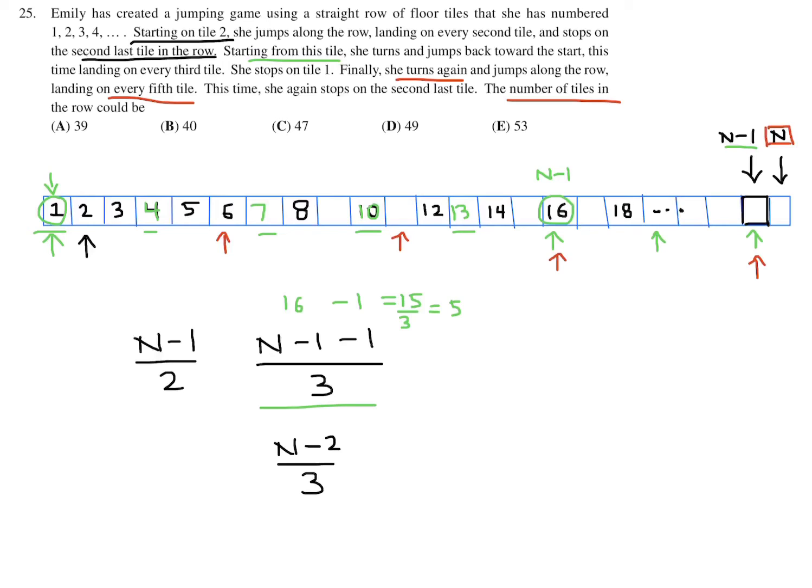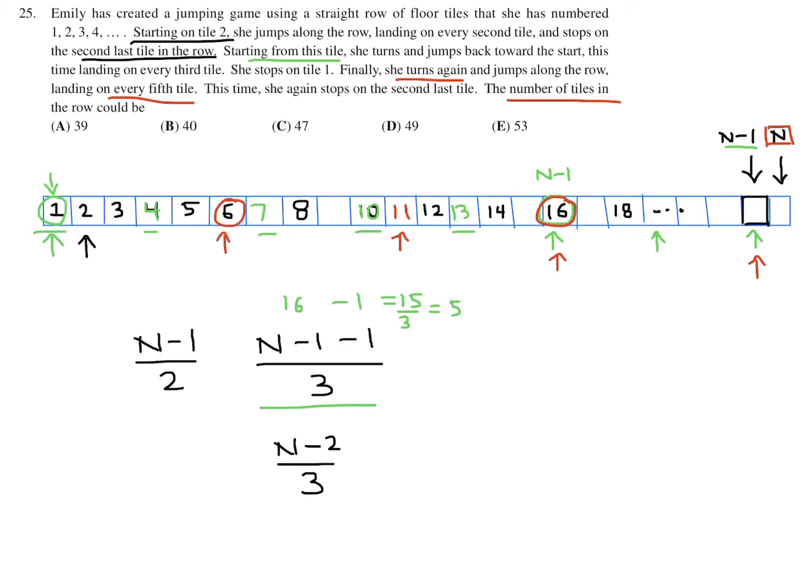Now let's get to our final scenario, which is she starts at 1 and she starts jumping in the other direction, but this time she's landing on every fifth one. So she lands on 6 and then 11 and then 16 and so on, right? So that leads to another relationship that's very similar.